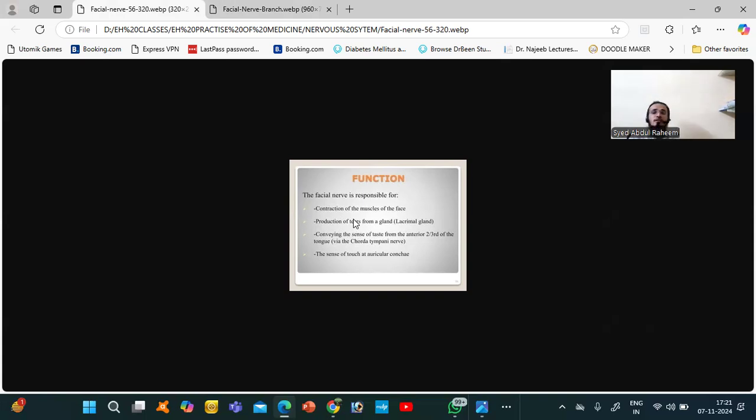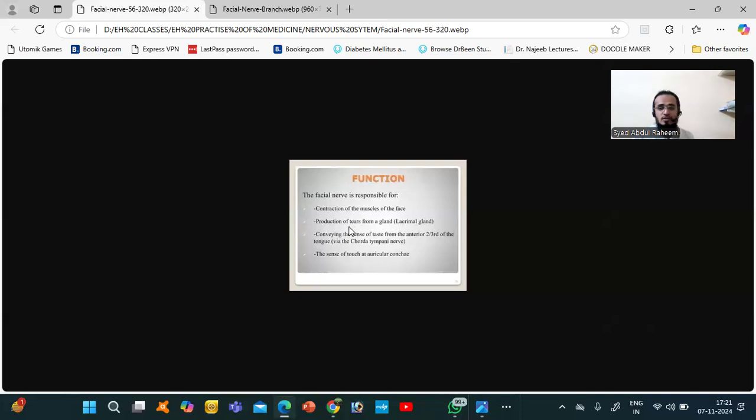Okay. And if we divide our tongue into three zones, three parts, two parts are supplied by the facial nerve. And the sensation in the ear, the post auricular area and the middle ear, is also by the facial nerve.